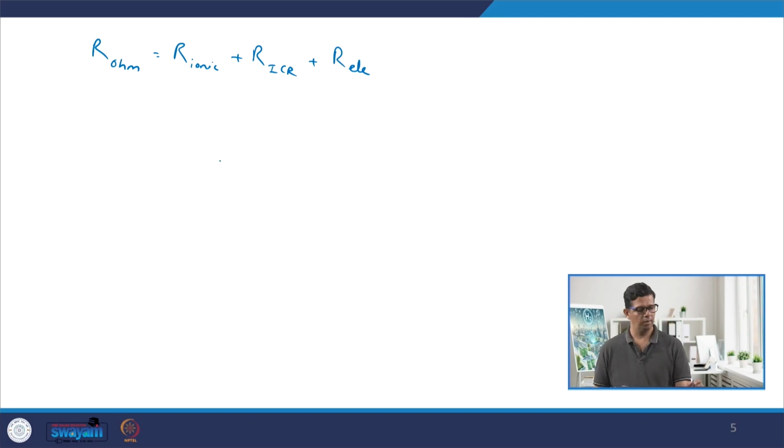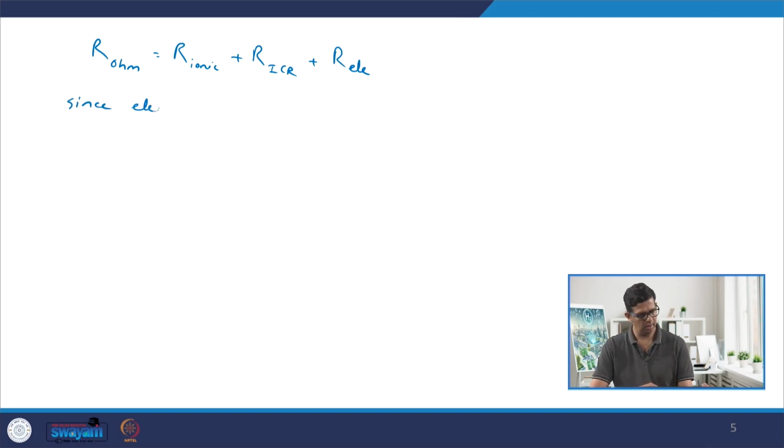Now, if we compare this electrical resistance with the other two, that is the ionic resistance and the contact resistance, we see that normally the electrical resistance, the resistance offered by individual cell components, is fairly low compared to the contact resistance and the ionic resistance. So we can neglect this electrical resistance, and by and large the ohmic resistance is the sum of the ionic resistance and the contact resistance. Let me write this up.